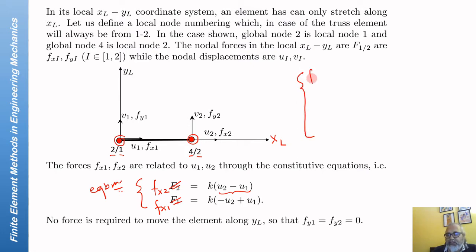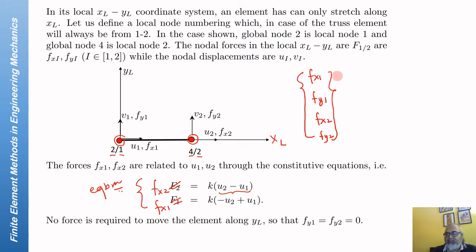What are the forces? Forces are Fx1, Fy1 at node 1, Fx2, Fy2 at node 2. Remember, these force components are in the local coordinate system, not in the global coordinate system. The global and local coordinate systems are oriented by some angle with respect to each other.